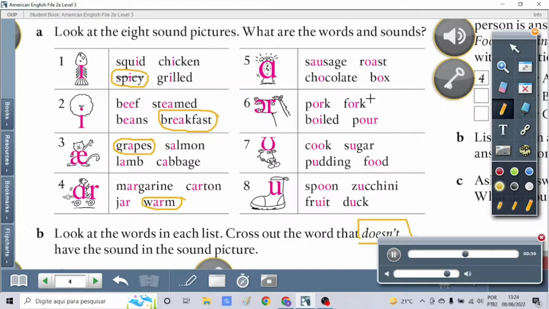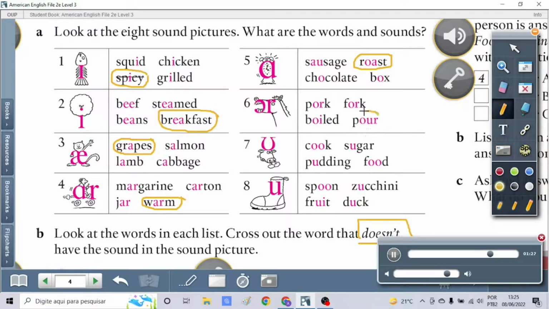Clock. Sausage. Roast. Chocolate. Box. Horse. Or. Pork. Fork. Boiled. Pour.